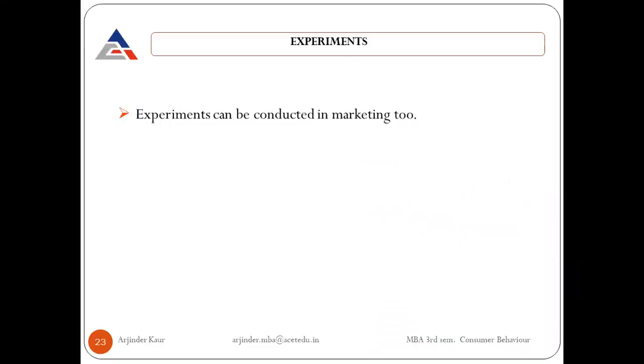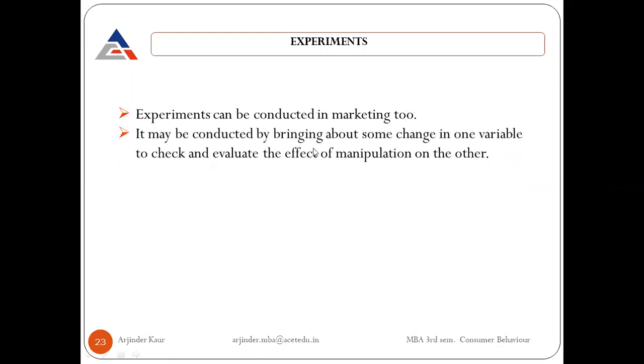Next is experiments. Experiments can be conducted in marketing too. Generally you have heard of conducting experiments in laboratories, but in case of marketing, experiments can be conducted in the field also. It may be conducted by bringing about some change in one variable to check and evaluate the effect of manipulation on another.